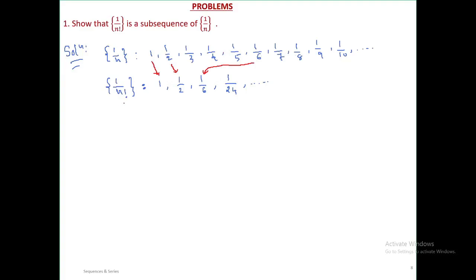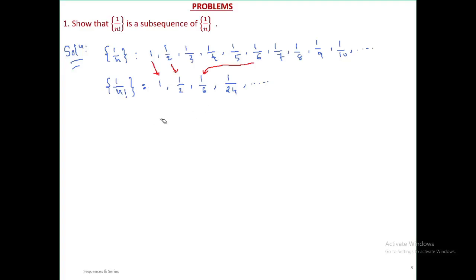For example, if you take 0, 1, 1 by 2 and so on, do you find 0 here? There is no 0 term in the original sequence, therefore this is not a subsequence, because you are not collecting 0 from the original sequence. Each and every term of the subsequence is a term of the sequence only, according to some rule. Hope you understood this.